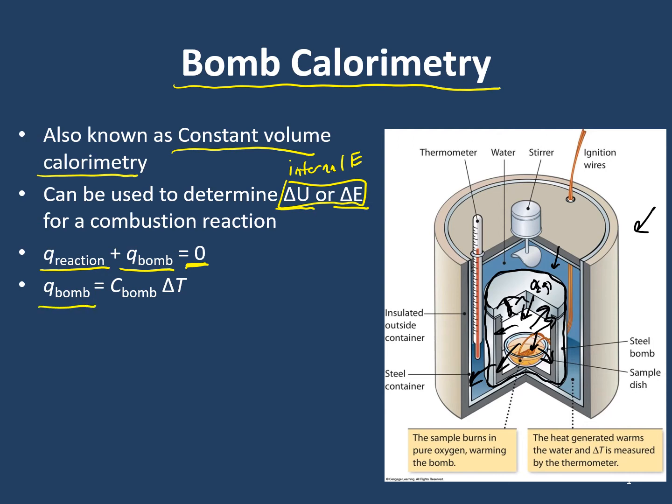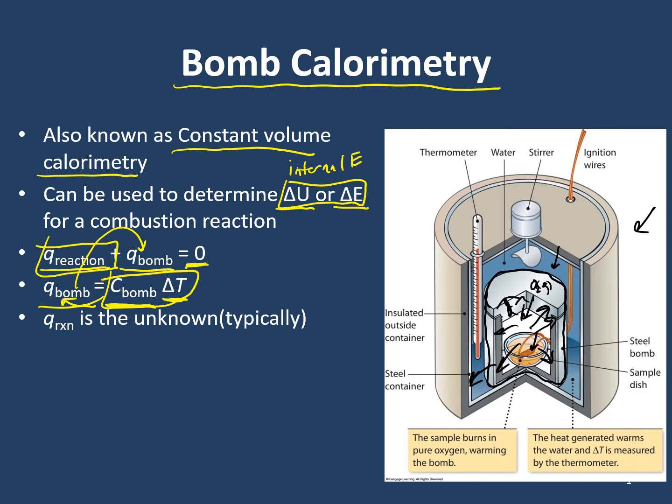Then Q of bomb we can calculate using the specific heat capacity of the bomb, which is usually given, times delta T. So it's a modified Q equals mc delta T here. Q of the reaction is generally what we're trying to solve for. So usually we use these values to solve for the Q of the bomb. Then we take the Q of the bomb, plug it in here, and solve for Q of my reaction.